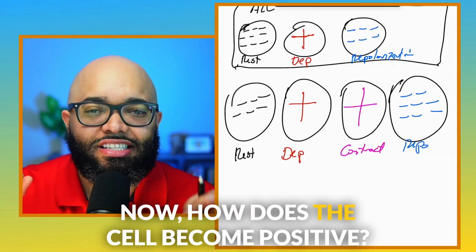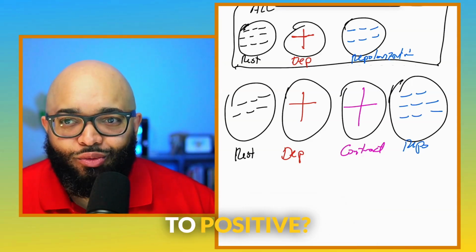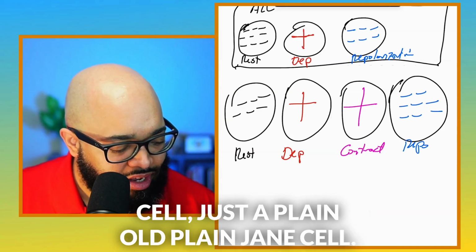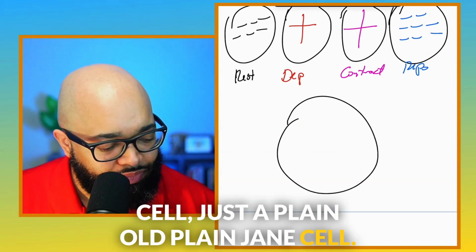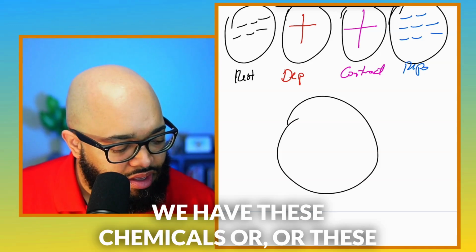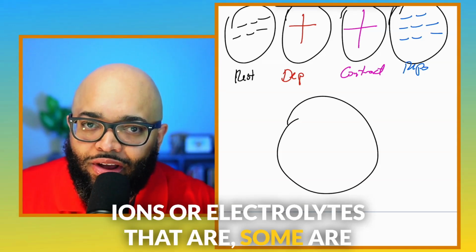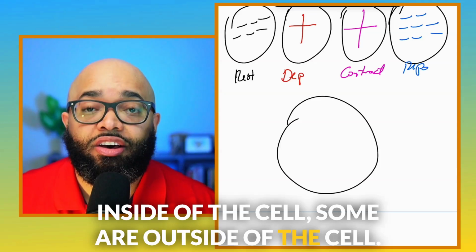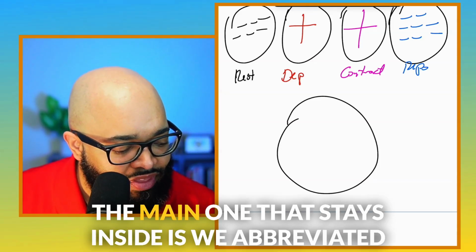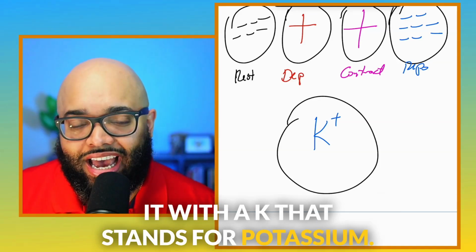Now, how does the cell become positive? How did the cell go from negative to positive? What happened? Well, let's take a generic cell, just a plain old plain Jane cell. We have these chemicals or these ions or electrolytes that are some inside of the cell, some outside of the cell. That's where they like to live. Inside of the cell, the main one that stays inside is we abbreviate it with a K that stands for potassium.